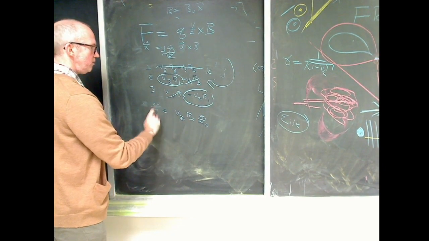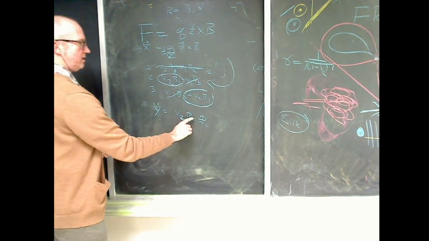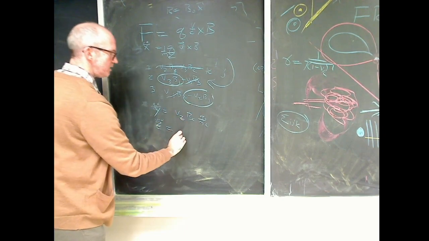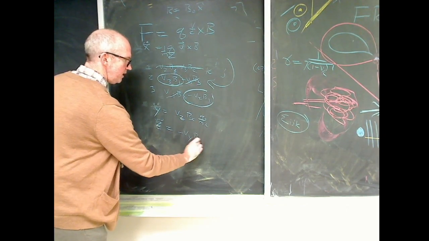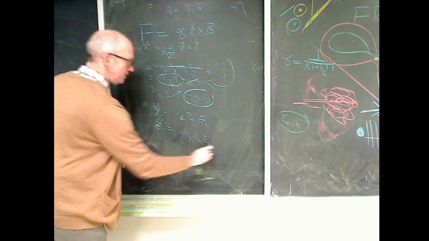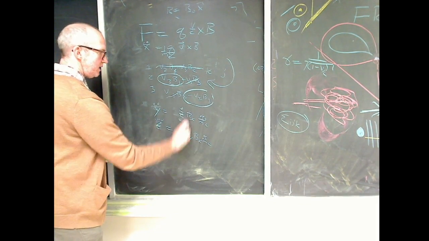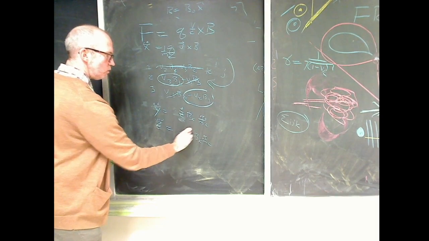And Z double dot is equal to what? The other direction, minus VY BX Q over MC. So this is Z dot, this is Y dot.